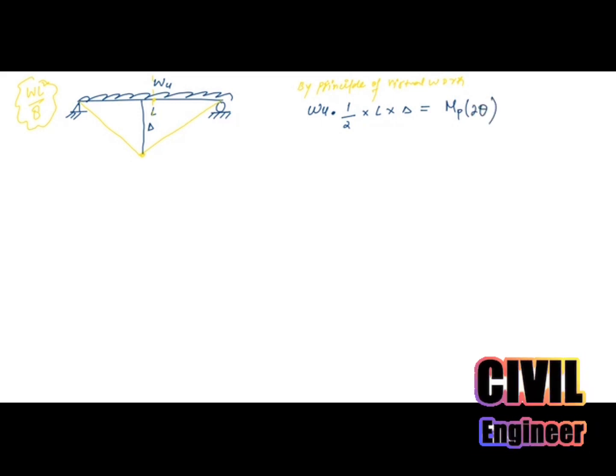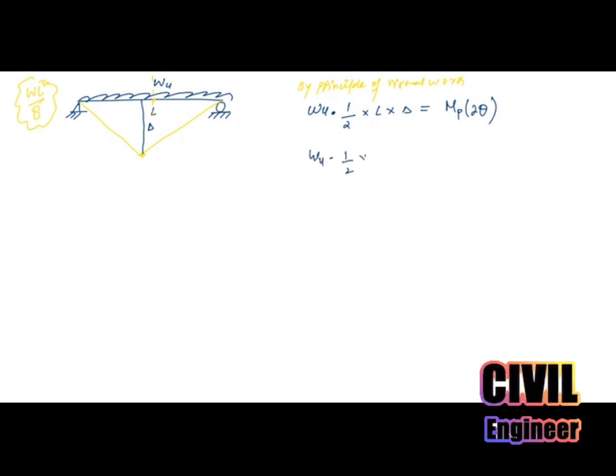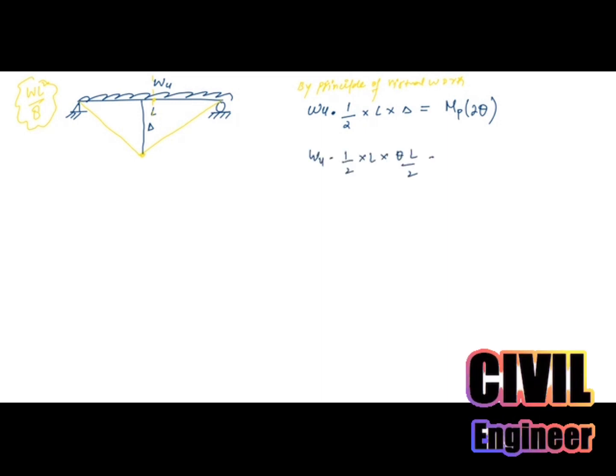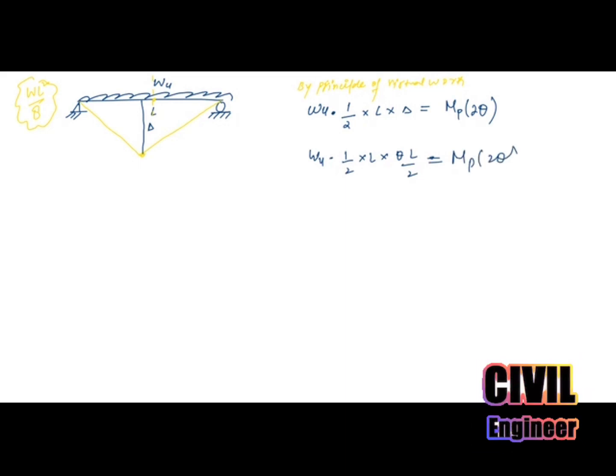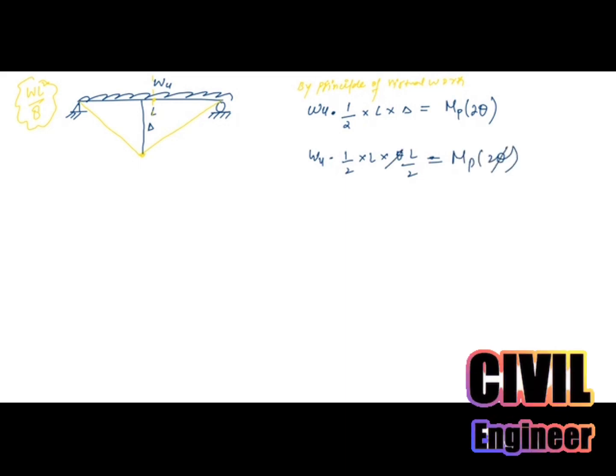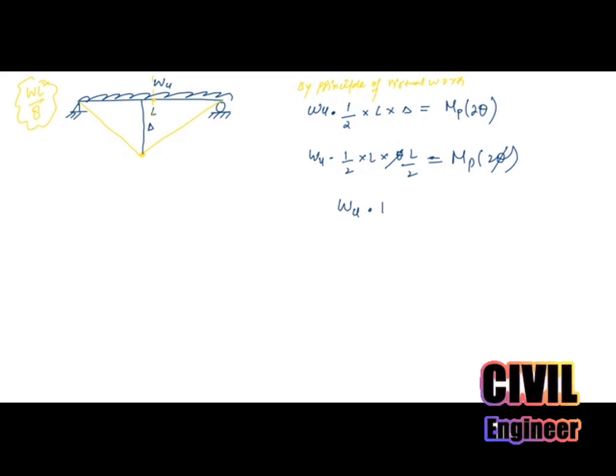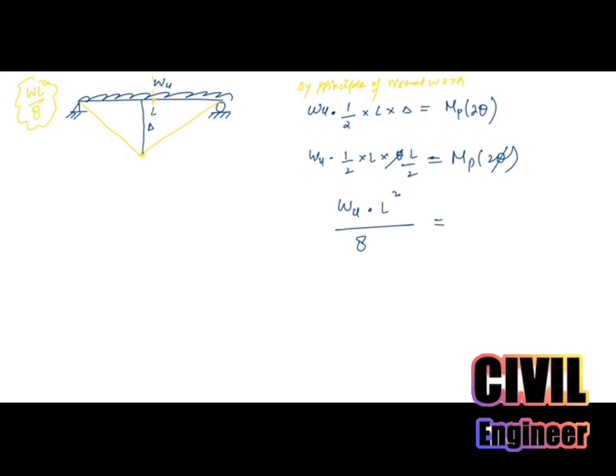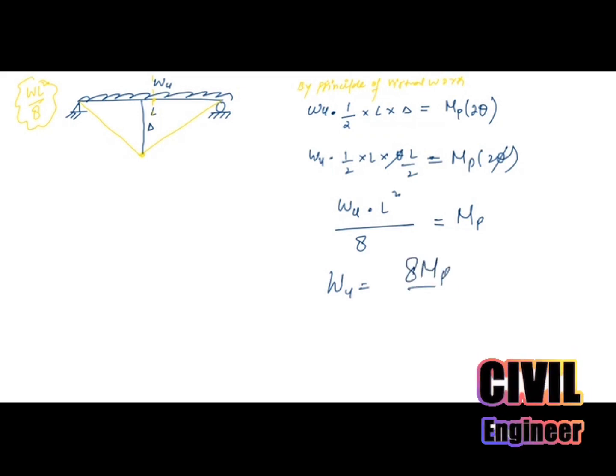So what is delta? Delta is again theta L by 2, equal to MP into 2 theta. Theta will get cancelled. So WU into L square divided by 8 is equal to MP. So WU is equal to 8 MP by L square.